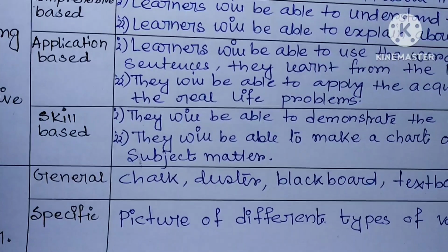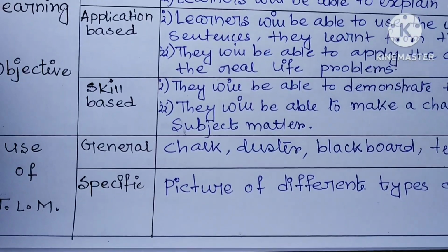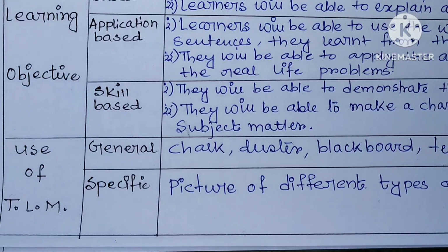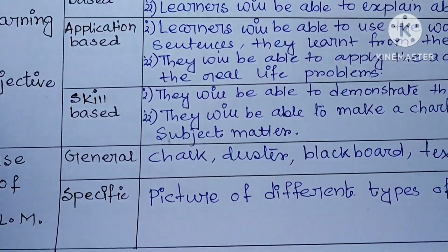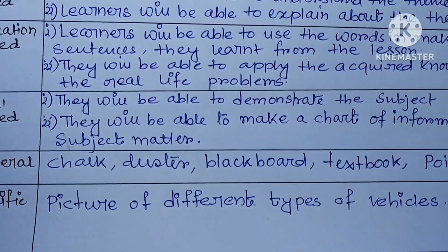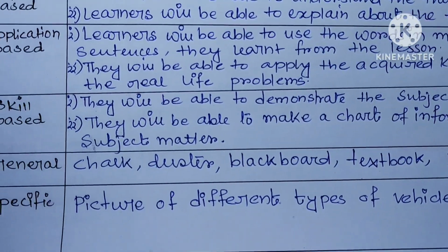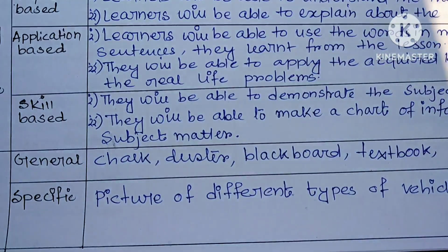Next, use of TLM. Here we already know there are 2 types of TLM: general and specific. General TLMs are chalk, duster, blackboard, textbook, pointer, etc. Specific: picture of different types of vehicles. The specific TLM is always related to the topic.